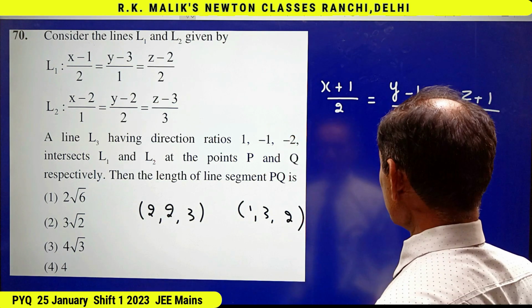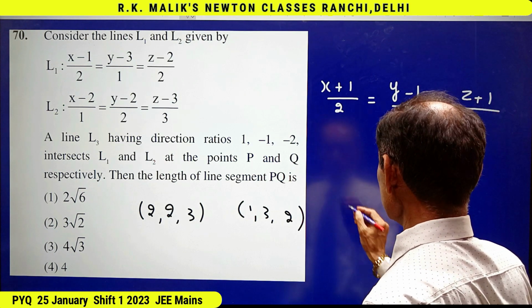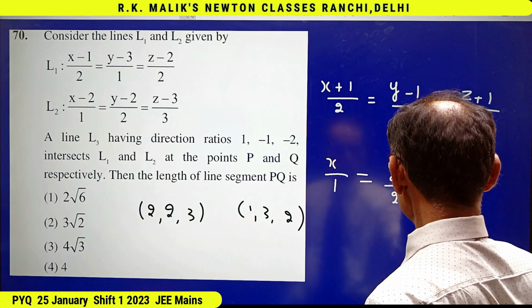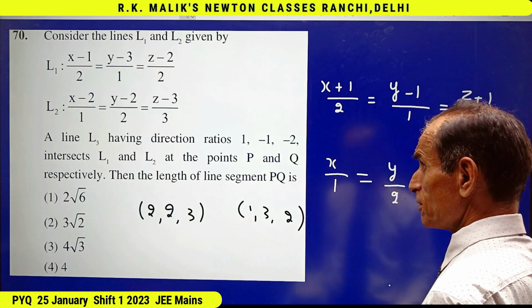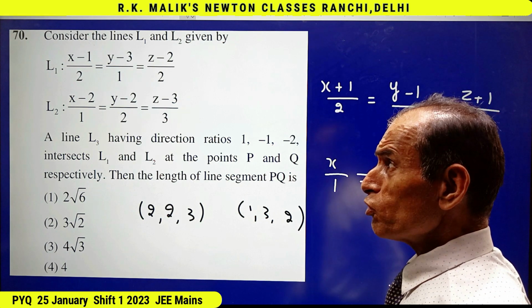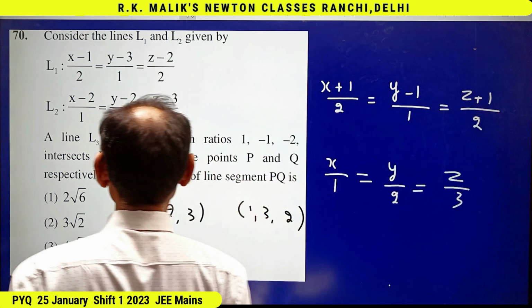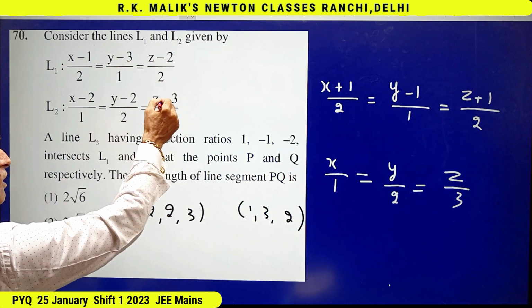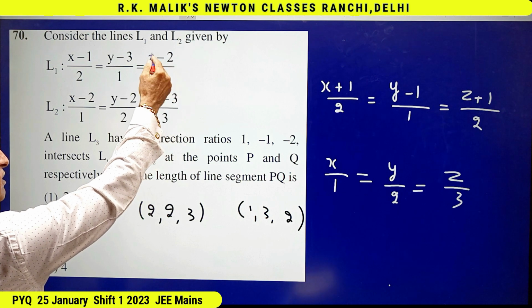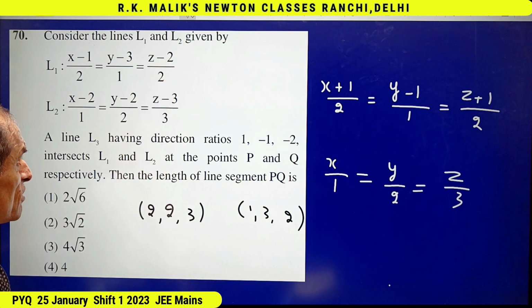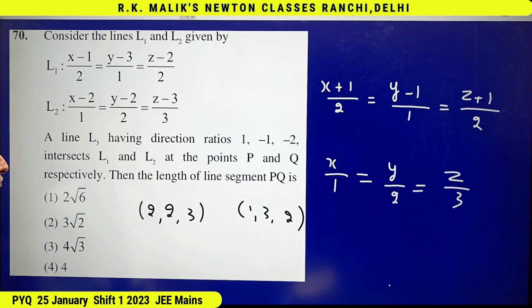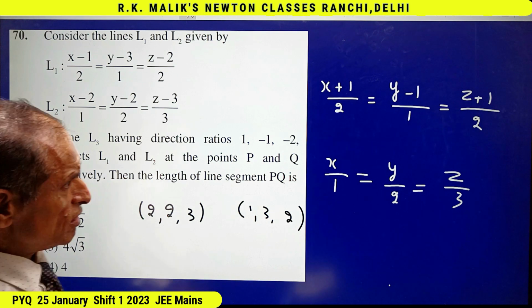And this second line will become very easy. It will become x upon 1, y upon 2, z upon 3. The benefit of this way is, suppose the examiner gives root 3 here, root 2 here, or root 2 plus 5, meaning he gives the coordinates in a difficult form. By using this concept of shifting of origin, in that case the solution will become very simple.